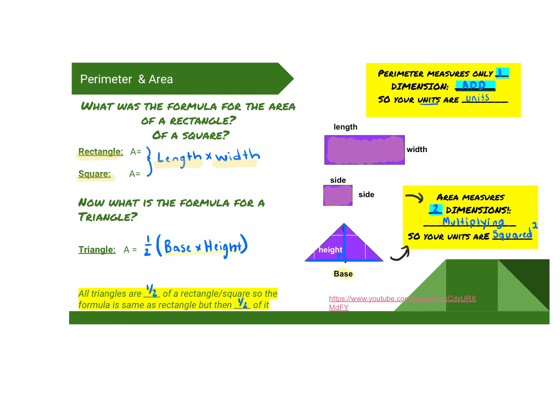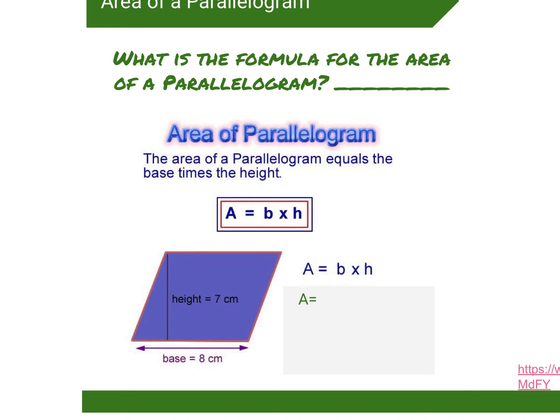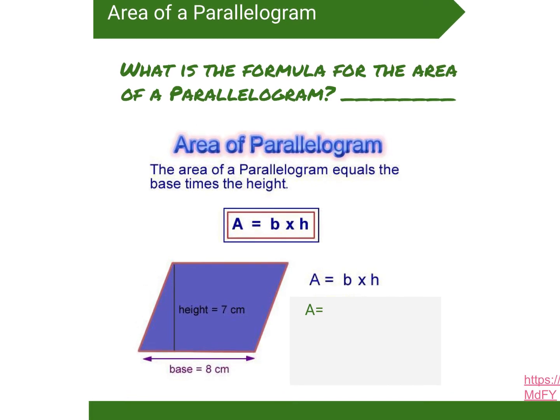We just watched our video on finding the area of a parallelogram. What did they tell us? How do we find the area of a parallelogram? Base times height. The area is our base times the height.